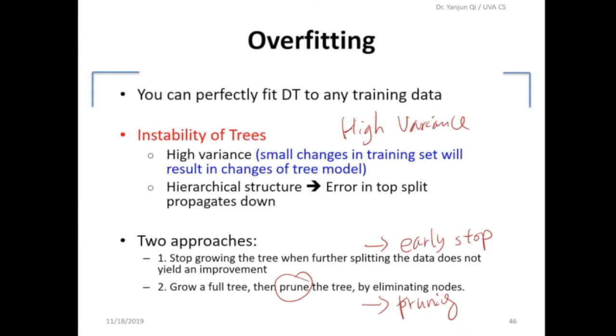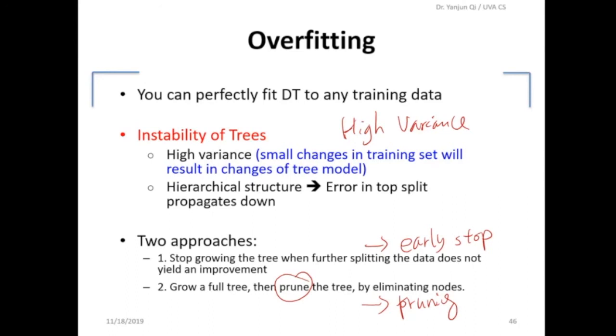All right, so then the tree has a famous issue called overfitting, because it's very flexible. It's also very unstable, because it's a high variance model: small changes in training data will give you big changes in the tree model.